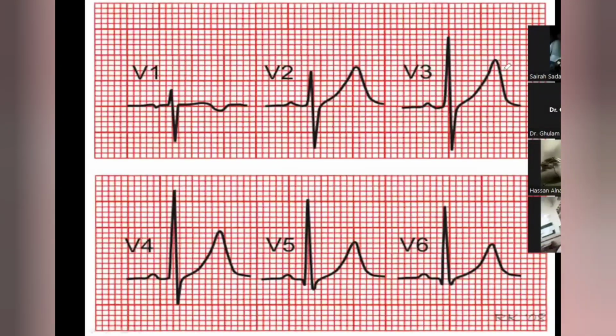V3 and V4 are in the center of the chest, or the center of the heart, I will say. So the R wave and S wave will be equal in these two leads.